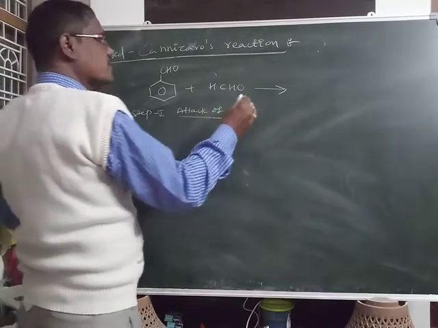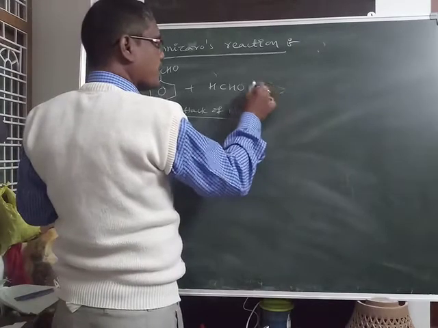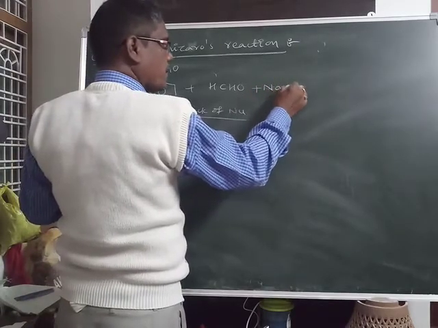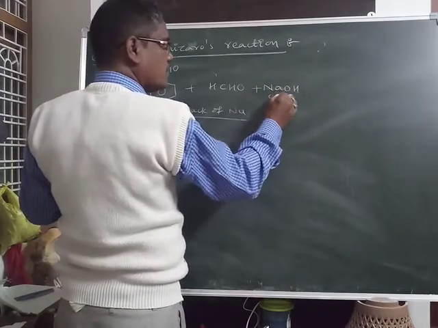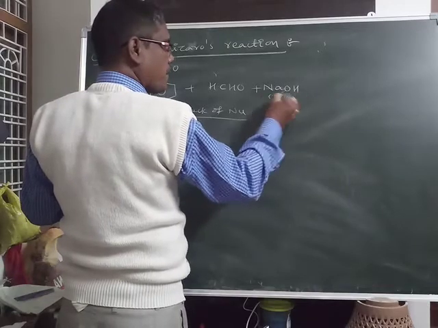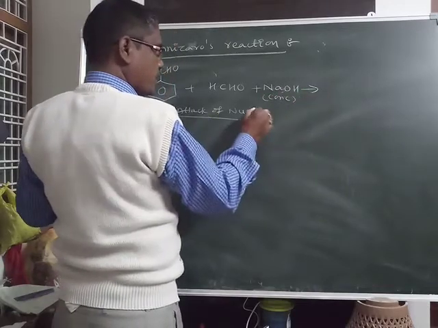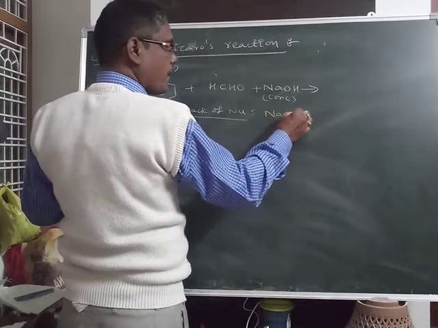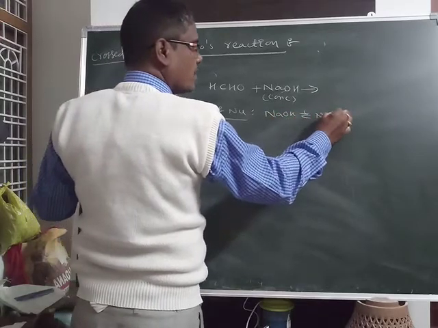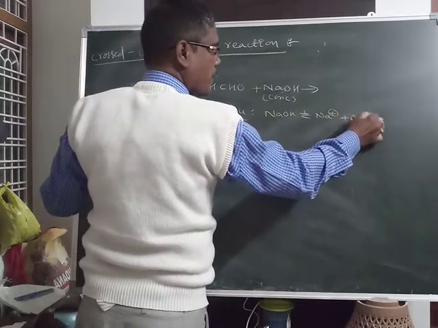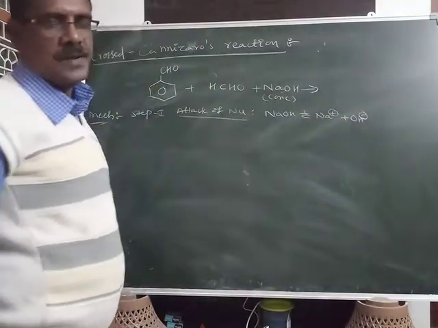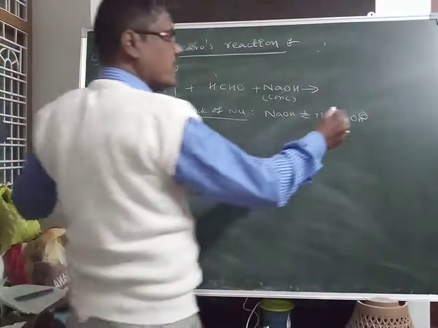The nucleophile is NaOH, concentrated NaOH. NaOH gives Na plus and OH minus. Now OH minus is the nucleophile.